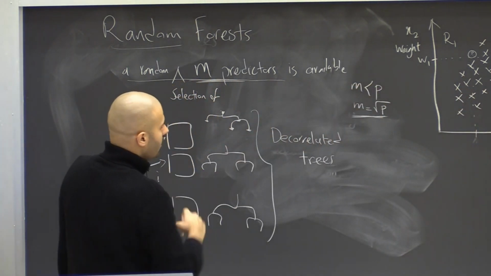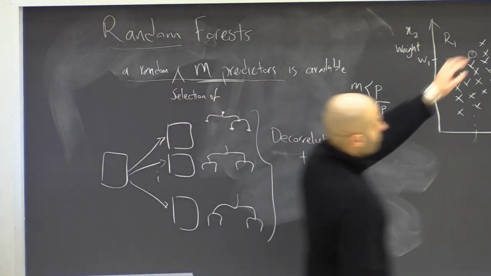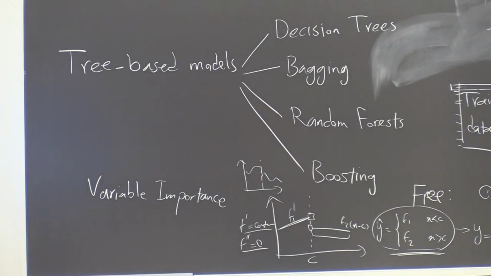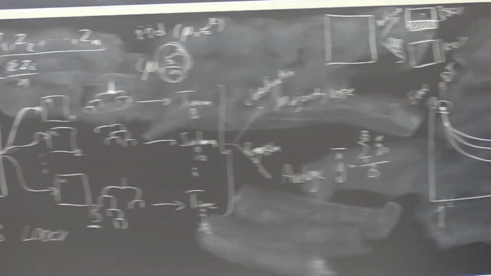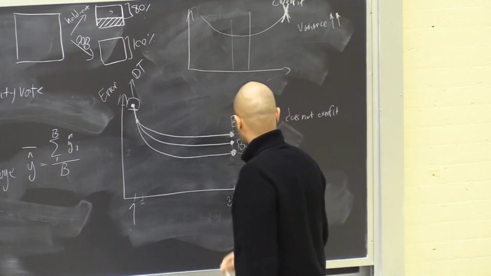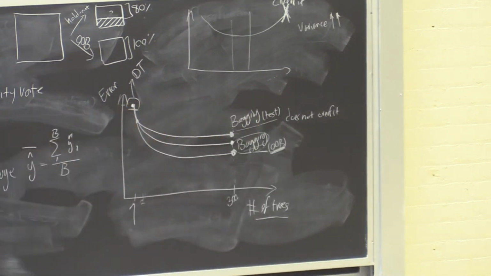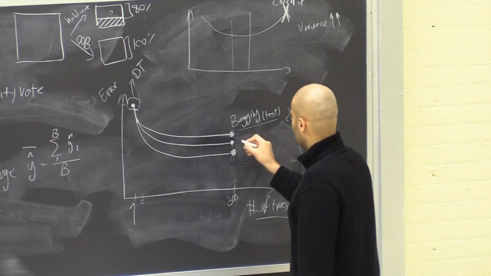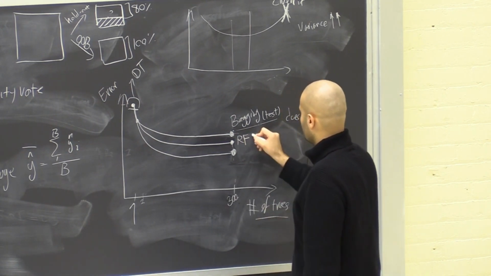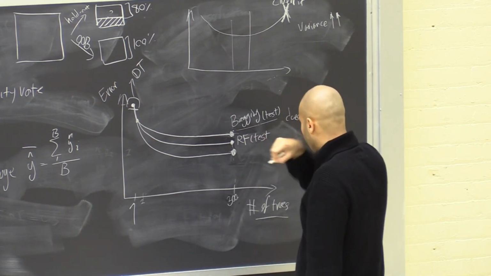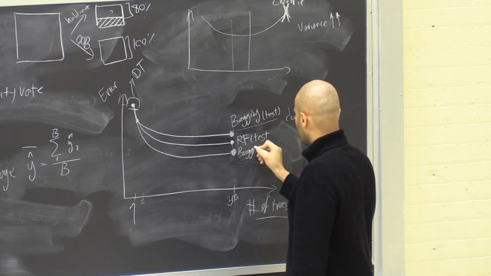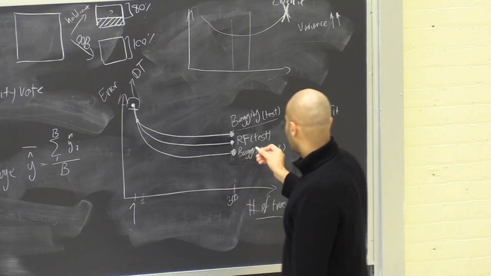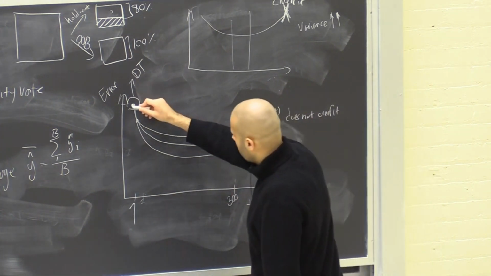So we have decorrelated trees, and then in terms of performance, random forest may end up here, for some holdout test data, and we can also get the out of bag estimate.